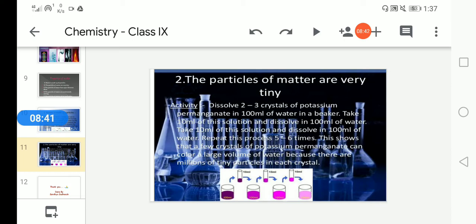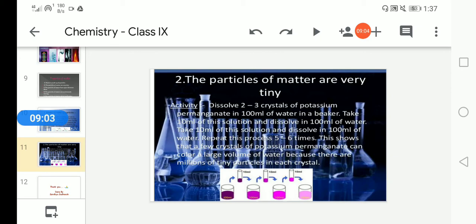That means from the second beaker we take 10 ml and add it into the third beaker. Then again pour 90 ml of water so that the total volume will be 100 ml. After repeating this 5 to 6 times, we can see that the intensity of color decreases gradually.